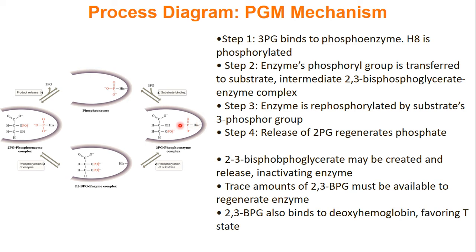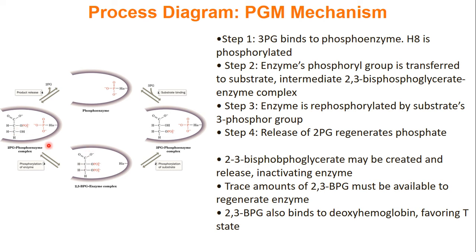Once bound, the phosphate that's on the enzyme will be transferred over to your substrate, and you're going to make 2,3-BPG. Once you make 2,3-BPG, this 3 position phosphate is going to be given to the enzyme, and you've reformed your enzyme, you have 2-PG out, and you're done. Delta G is relatively 0 on that.